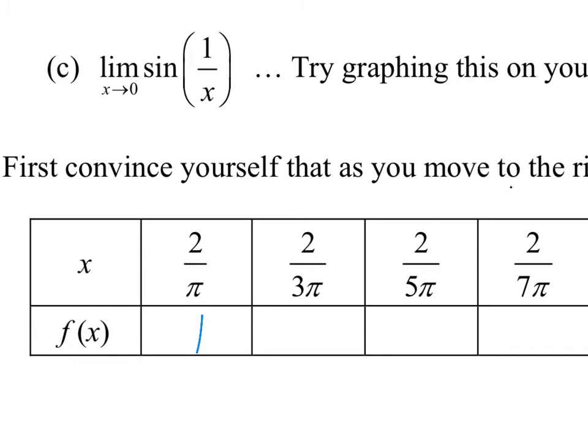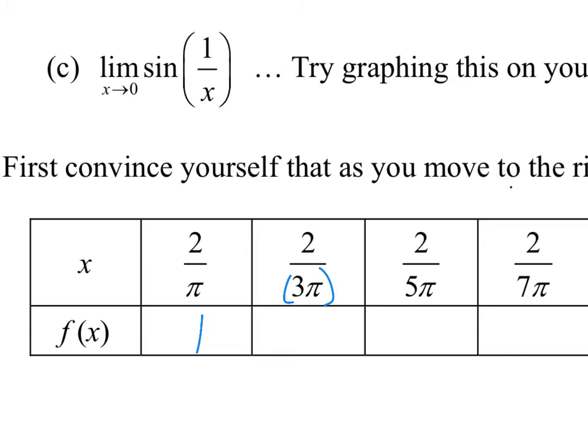I do 2 over 3 pi, and I get, nope, 2 divided by 3 pi. Something isn't right. Make sure when you're typing it in that 3 pi is in parentheses, because if it's not, you're not going to get the right answer.